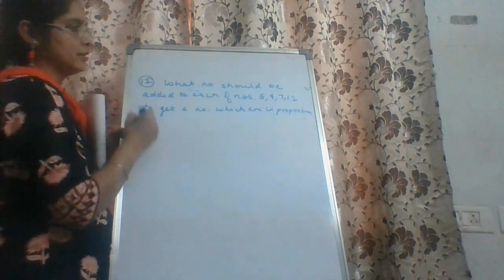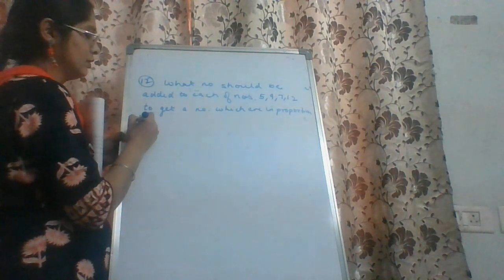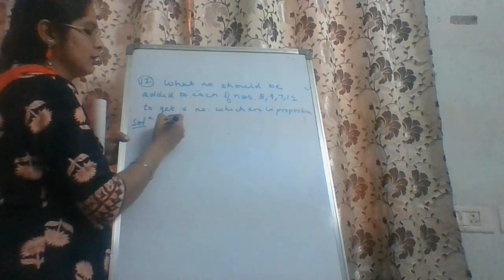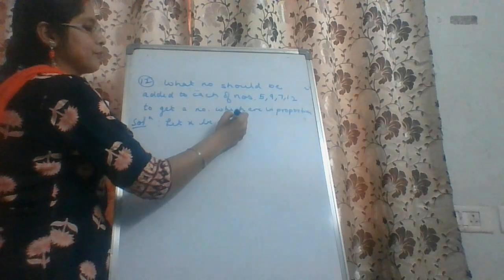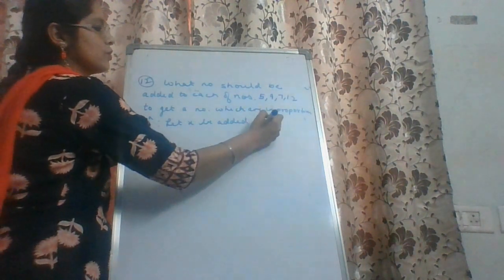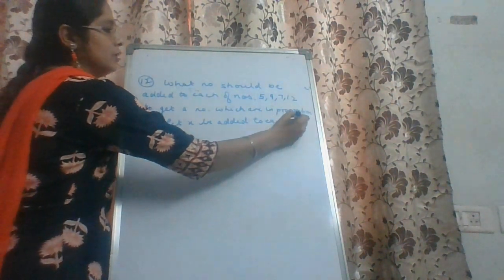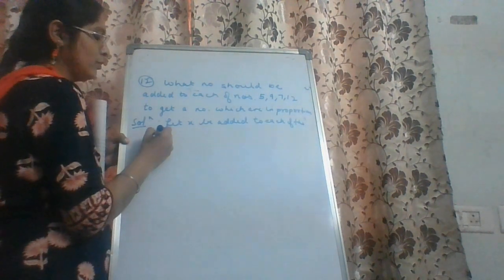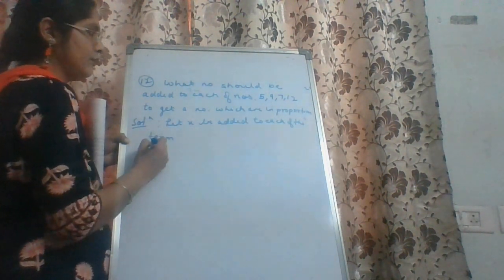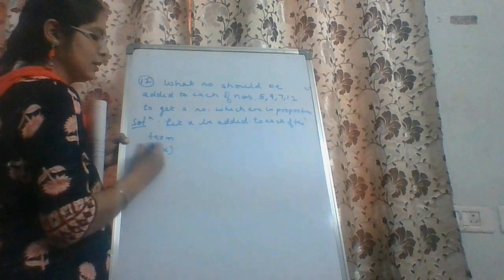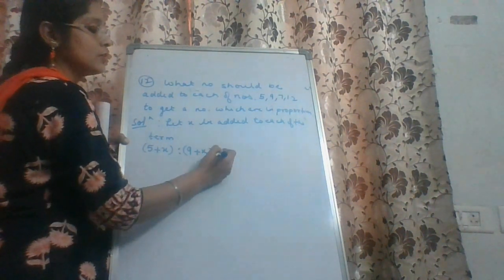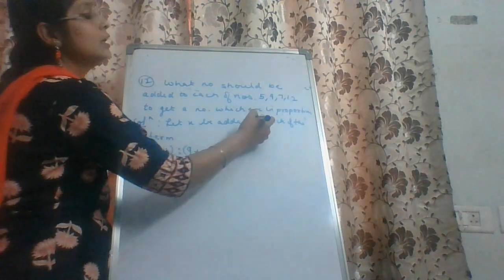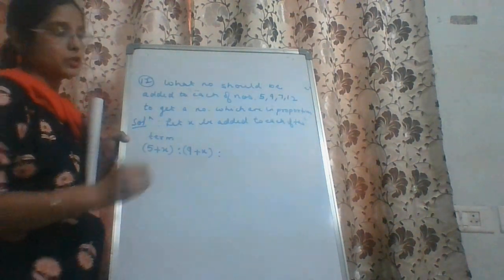Let x be added to each of the terms. Now what do you get? 5 plus x is to 9 plus x, because they are saying if you add a number, the numbers will be in proportion.